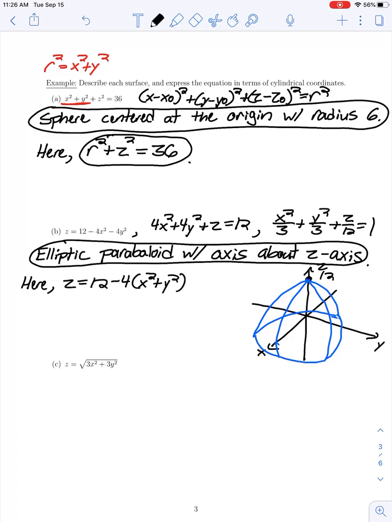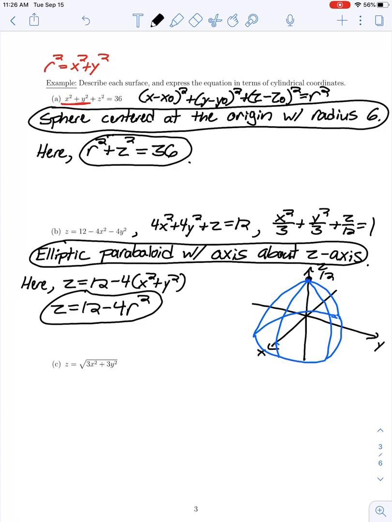Using the same conversion formula as in part A, I know that x squared plus y squared in terms of cylindrical coordinates is just r squared. So this would be an equation for that same surface in terms of cylindrical coordinates.